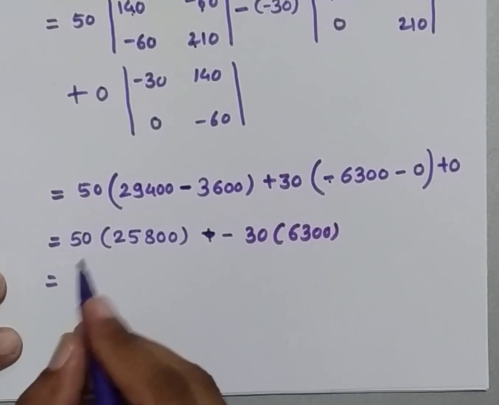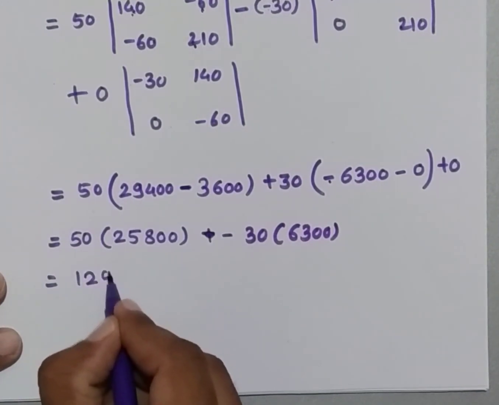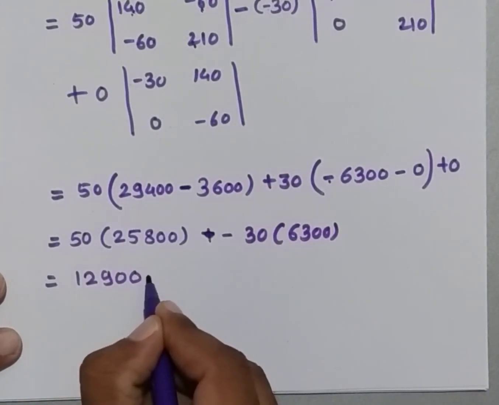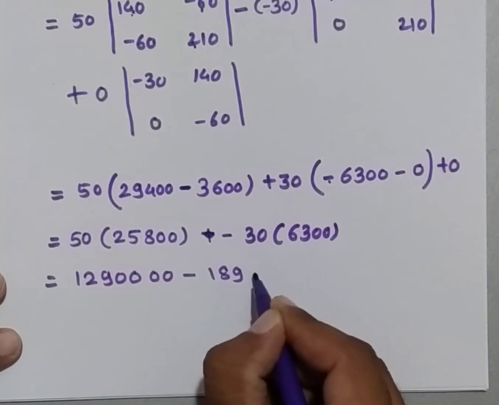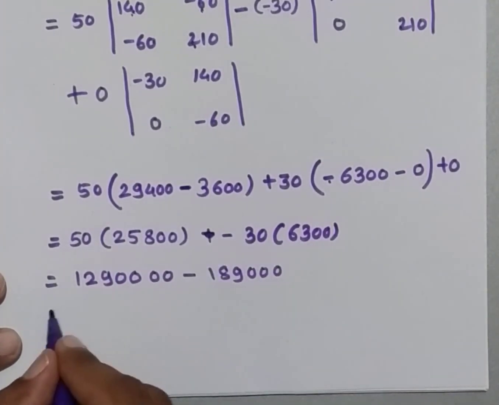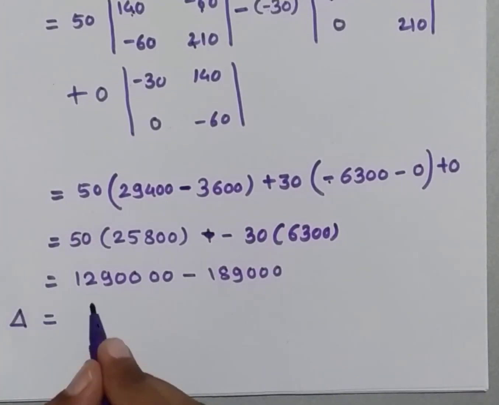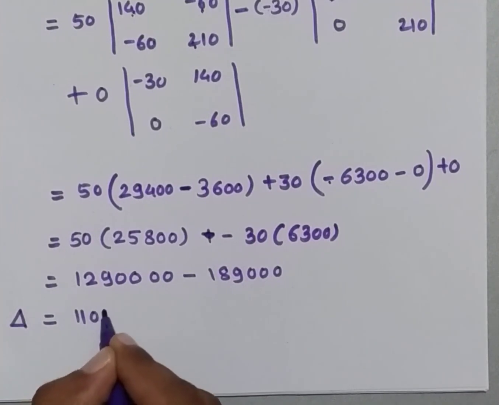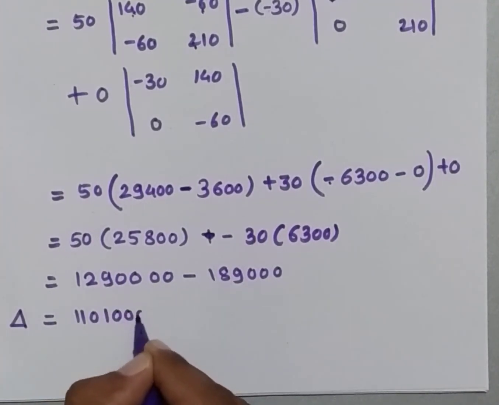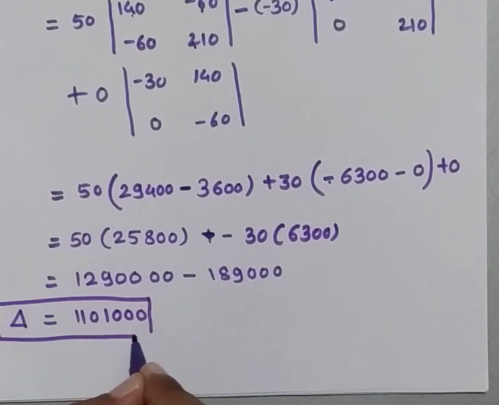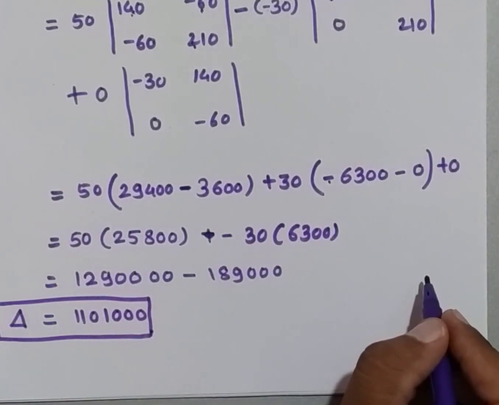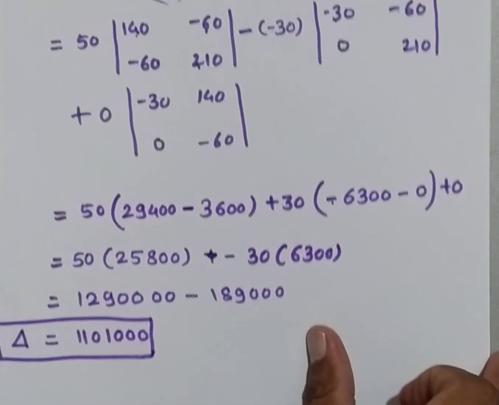This is nothing but 1290000 minus 189 3 times 0, and after simplification I get the delta value, that is the determinant value, 1101000. This is the value of the determinant of this equation. So remember this value. Fine.